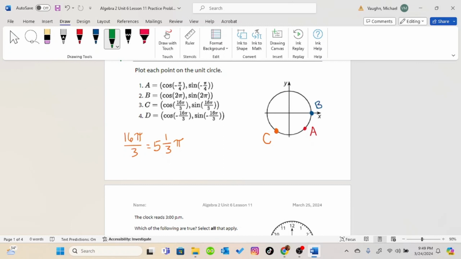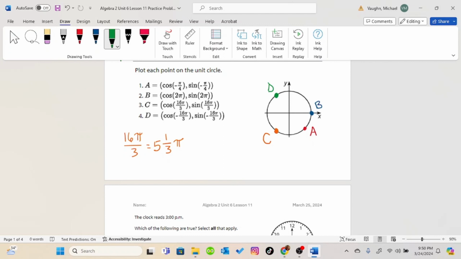A second full rotation clockwise is 4 pi. 5 pi would be rotating half the circle to be here on the left. And this time we're going up another 1/3. And point D would be up here in quadrant 2.